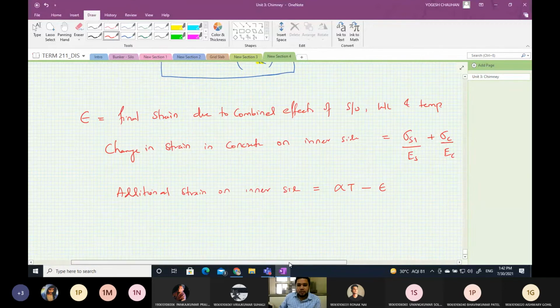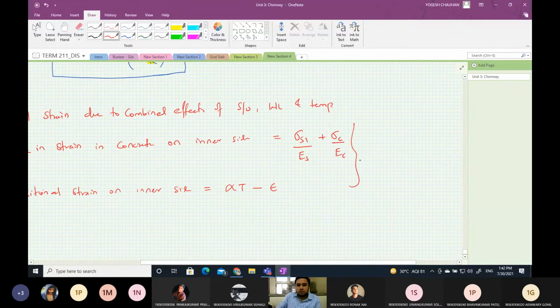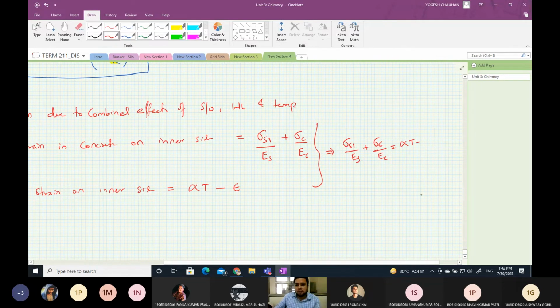Now equating these two, you will get sigma s1 by Es plus sigma c by Ec equals alpha T minus epsilon. We express this in epsilon, so epsilon will be equal to alpha T minus this term, sigma s1 by Es plus sigma c by Ec.